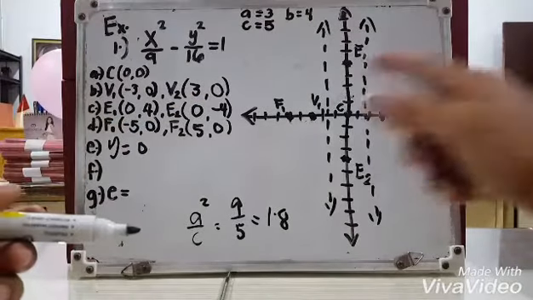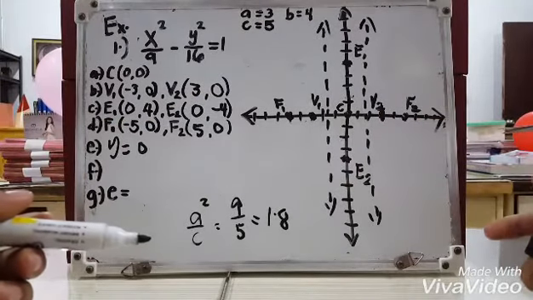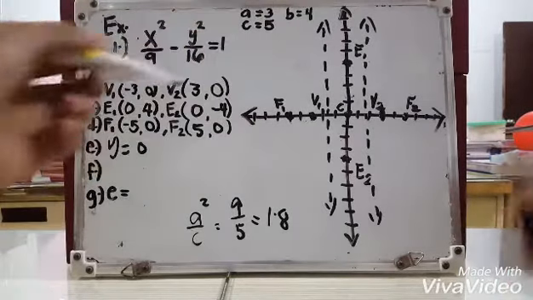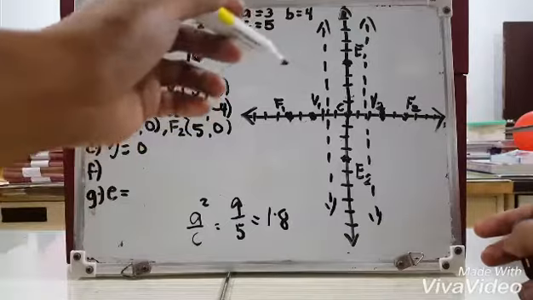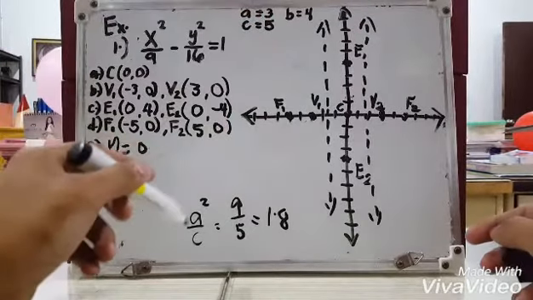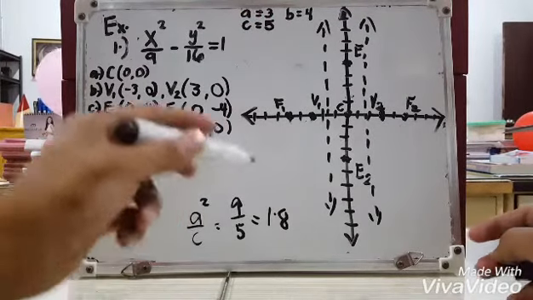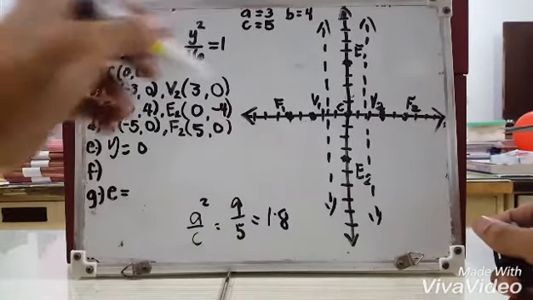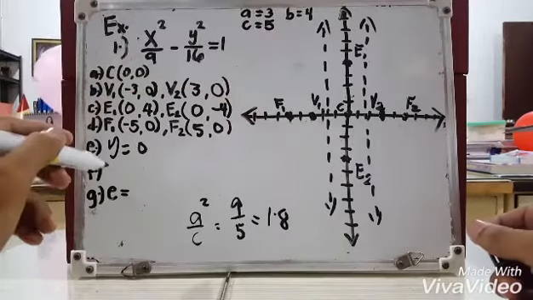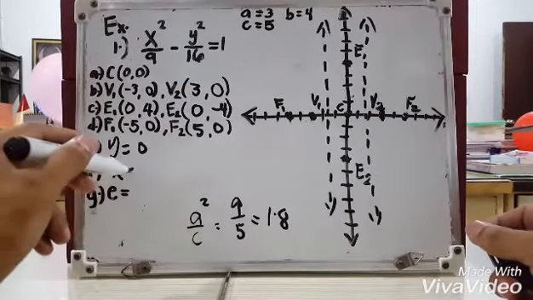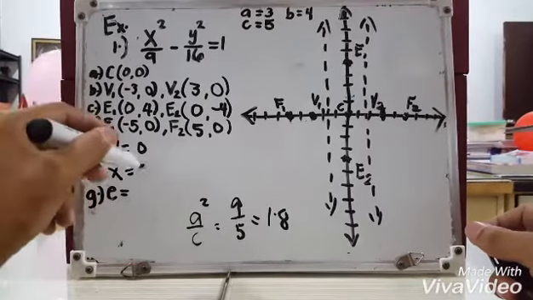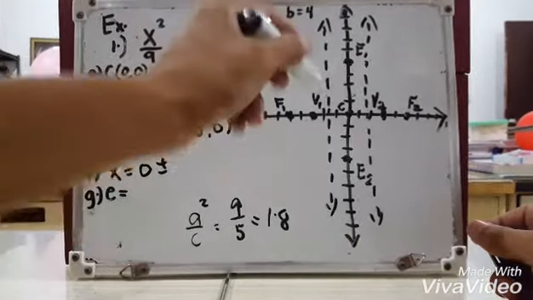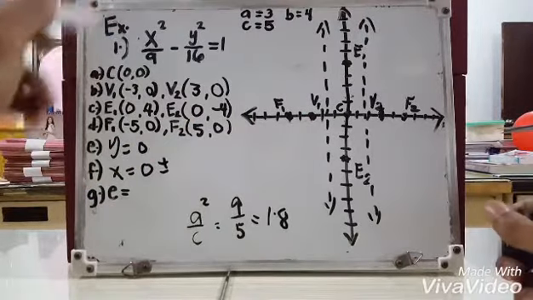The question is, what will be the equations of these directrices? The same thing as what we did in the ellipse class, since we are moving to the left and to the right, we just simply add a squared over c, or 9 over 5, or 1.8 to h here. Since it's vertical, the equation will be x equal to the variable h. H here is 0, and then plus minus indicates the lines on the left side and on the right side.